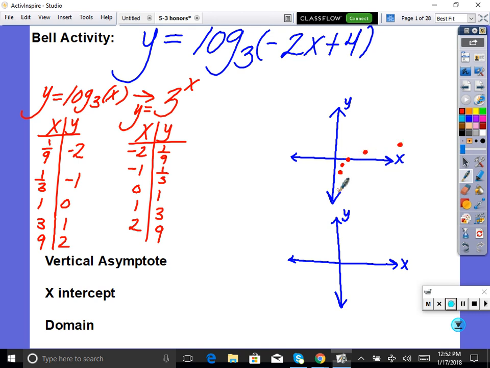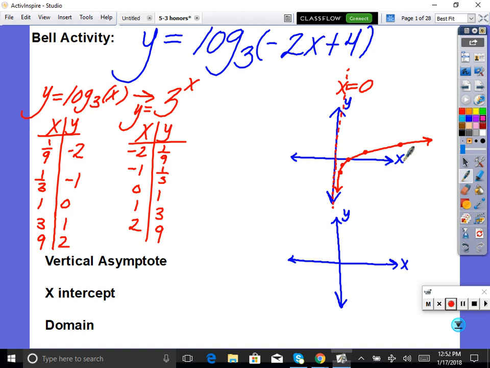So don't we know it looks like this? Rough sketch, everybody. And then we should draw in our vertical asymptote at 0. All logarithms that are not shifted will have a vertical asymptote at x equals 0, every time, all logarithms, unless there's a shift.